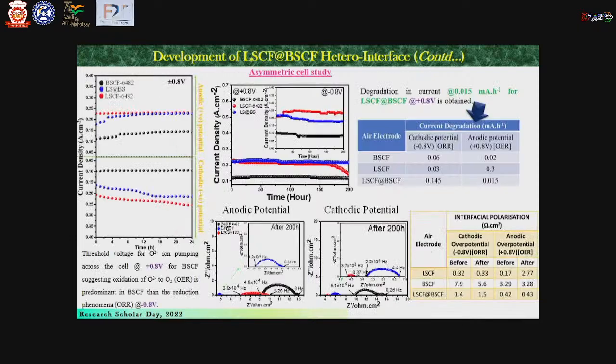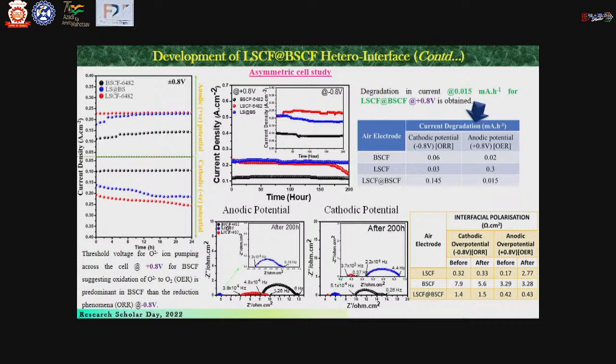Coming to the electrochemical performance, for the amperometric study, we have observed that the threshold voltage for O2 minus ion pumping is at 0.8 volt under both the anodic and cathodic potential for all the systems, and we obtained the lower degradation in current of approximately 0.015 for the heterointerface material, and for the LSCF the lower degradation in current is obtained for the cathodic potential.